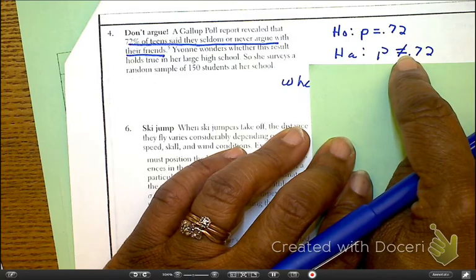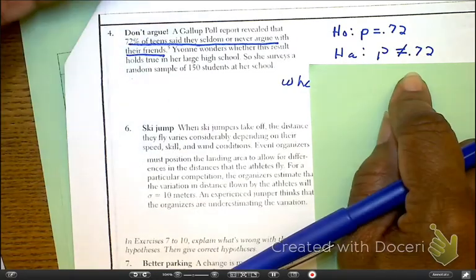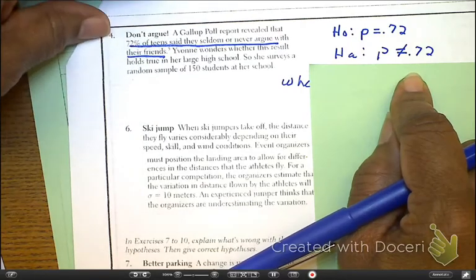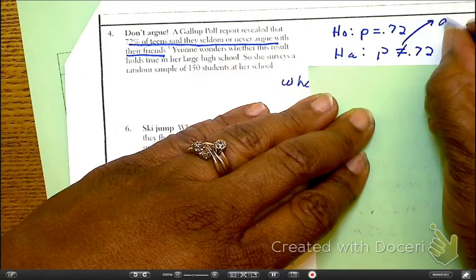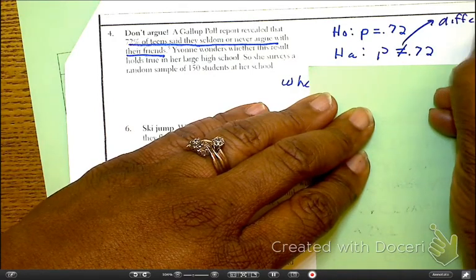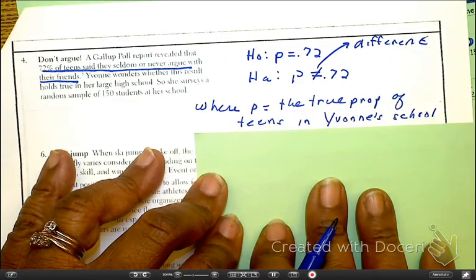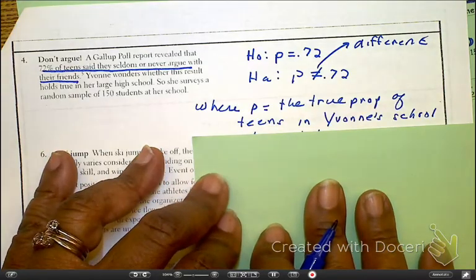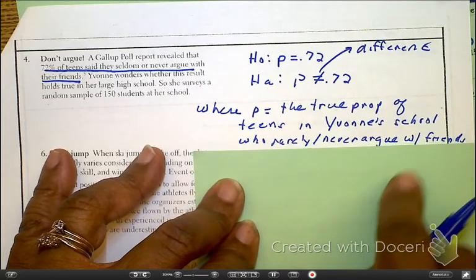Because, let's make a note, it did not state less than, it did not state greater than. She's just trying to see if it is different. Now here, we've got to make sure to define what p is, where p is the true proportion of teens in her class who rarely or never argue with a friend.